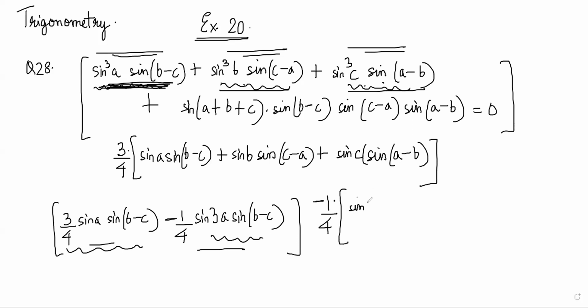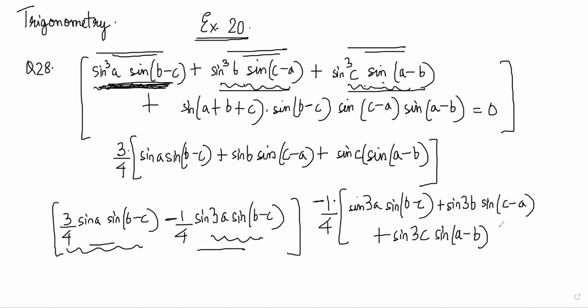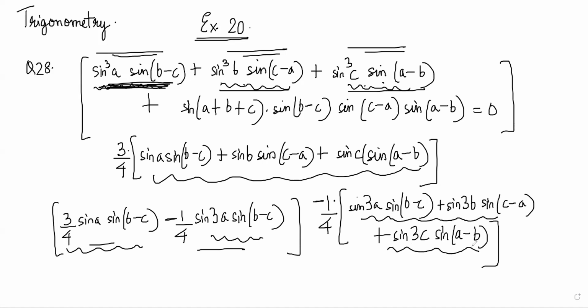It will be sine 3A sine B minus C and sine 3B sine C minus A and sine 3C sine A minus B, right? So once you have done that, what we can do now is simplify these two brackets, right?